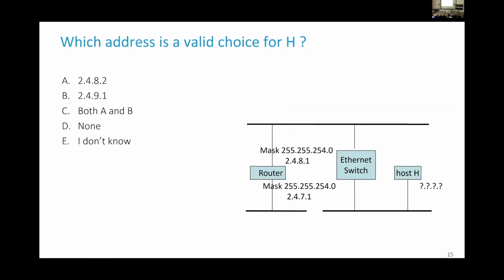Next question. Here is a small network. I have several devices. I have masks that are given here by the previous question. Which one is a valid address for host H? I propose two addresses here. Is any of the two valid or both?